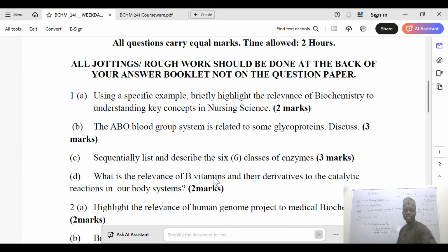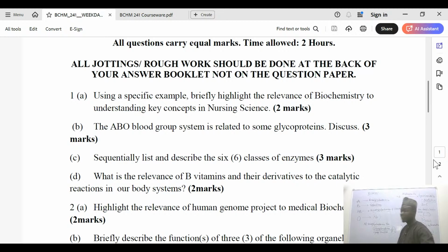The 6 classes of enzymes. So that is the next question. We describe them. So how do we list and describe the 6 classes of enzymes?